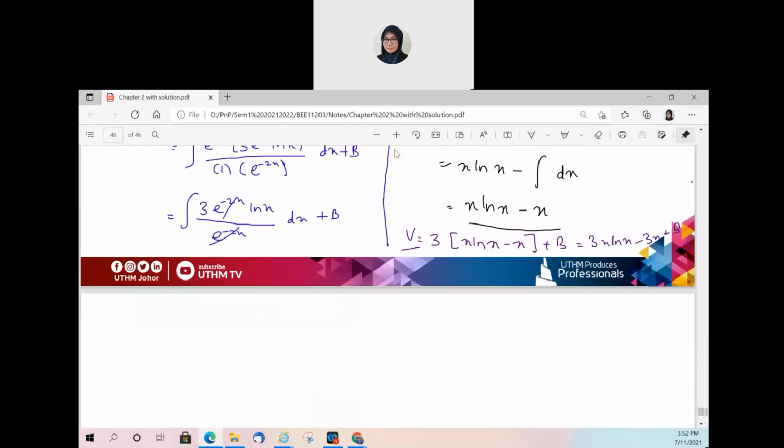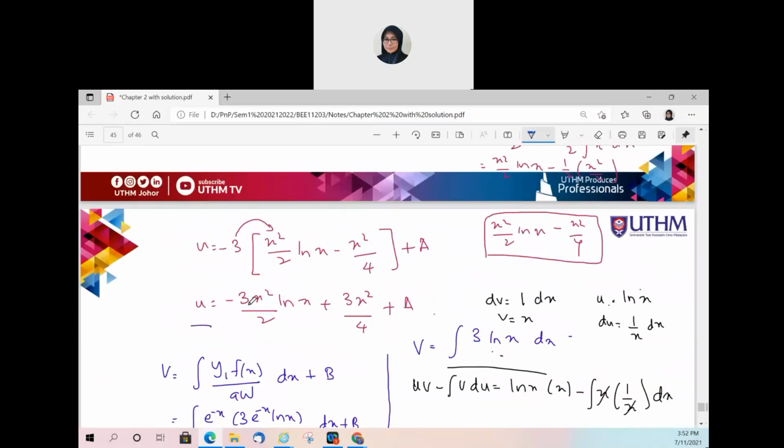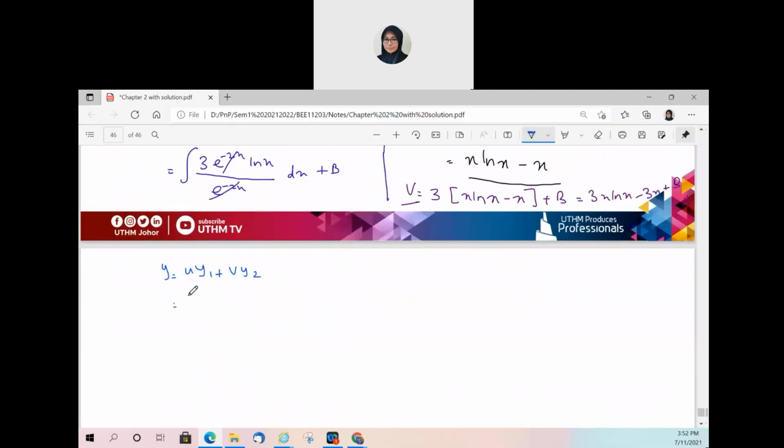Okay, so now we have to get what is y. So y equals u y1 plus v y2. Okay, so u is this one: minus 3x squared over 2 ln x plus 3 over 4 x squared plus a, times y1. y1 is e to the power minus x, plus v.